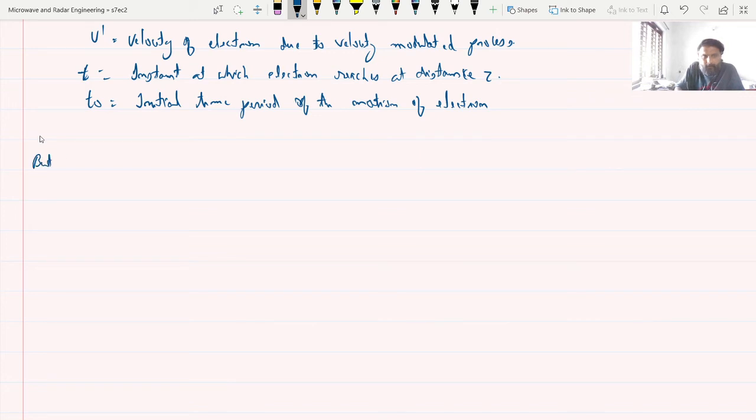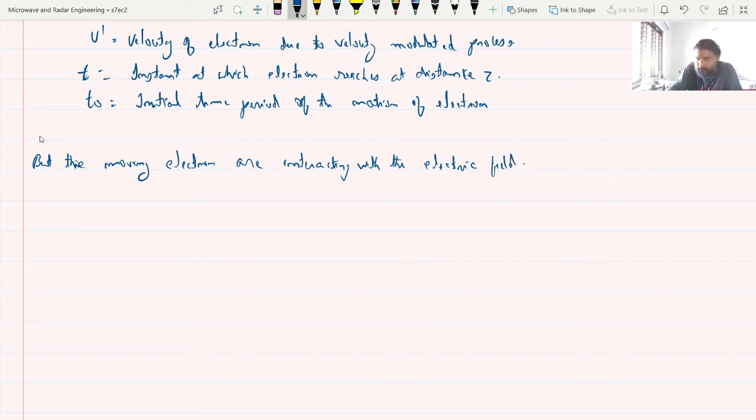But the moving electrons are interacting with the electric field.